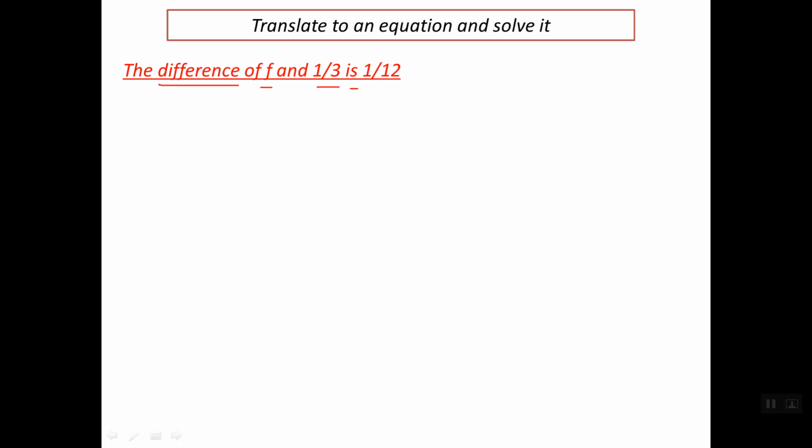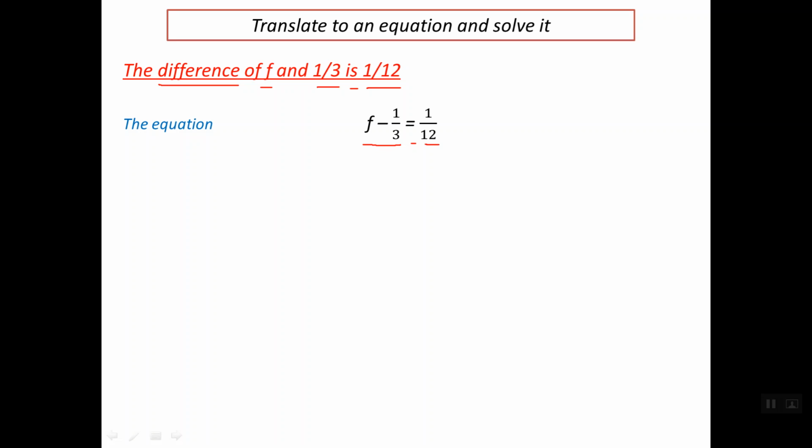Is means the equal sign, and 1/12 is the result. So we have a minus sign, a subtraction operation between f and 1/3. So f minus 1/3 is 1/12. This is the translation of this statement.